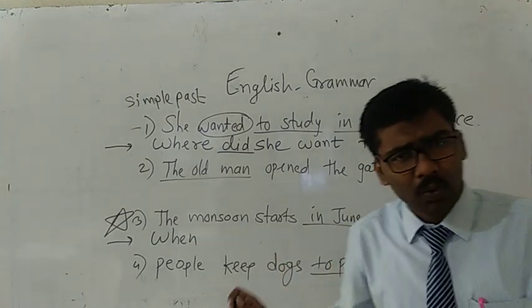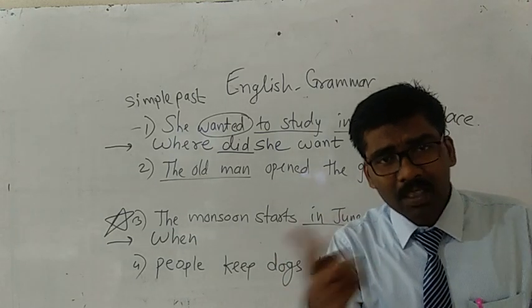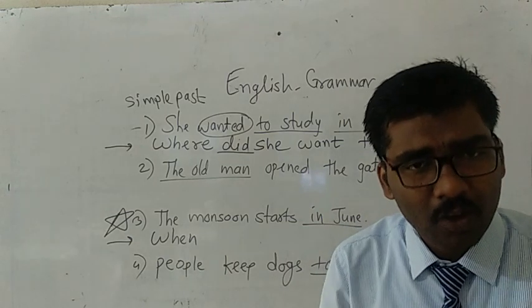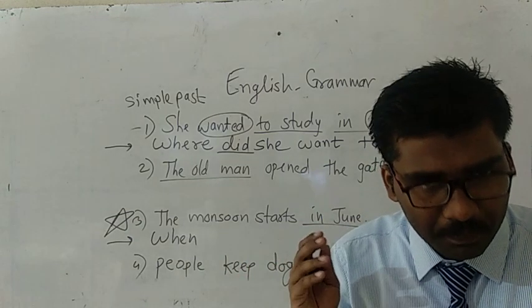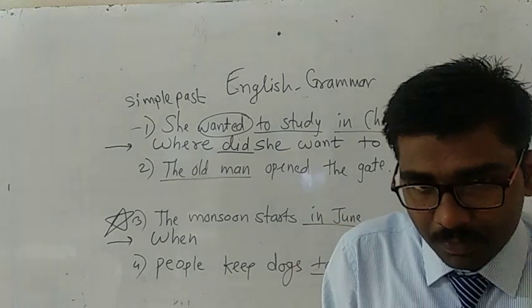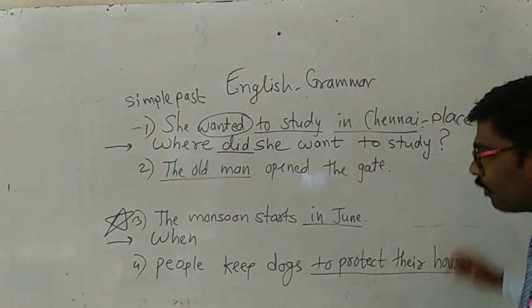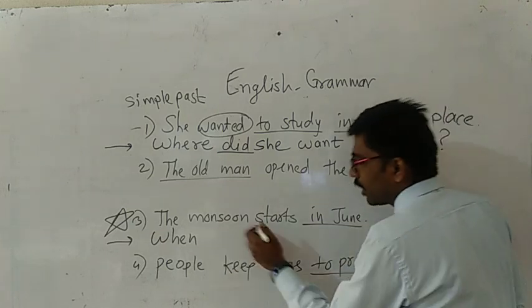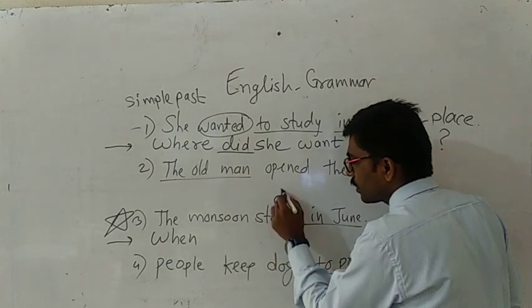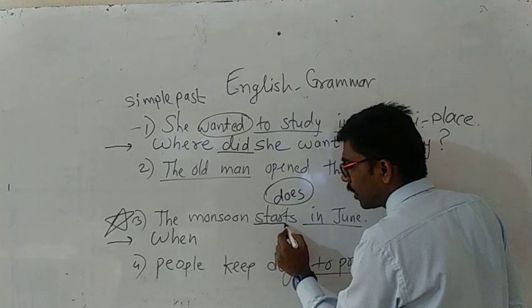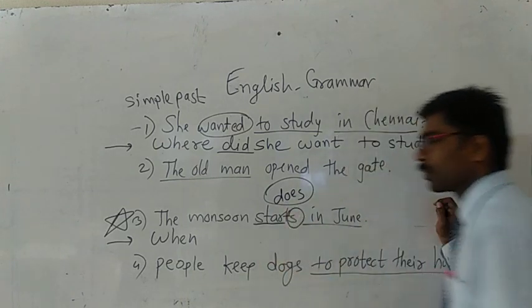June, month, day, all these deal with time. So for the time we use when. So now, here helping verb does will come. Why? Does will come when there is a verb with s.